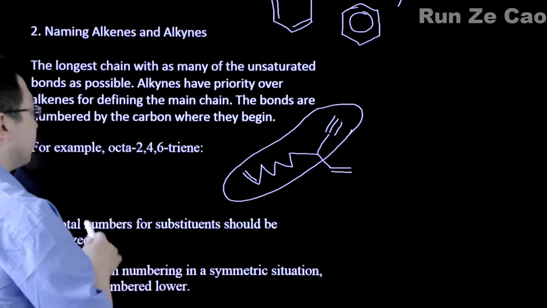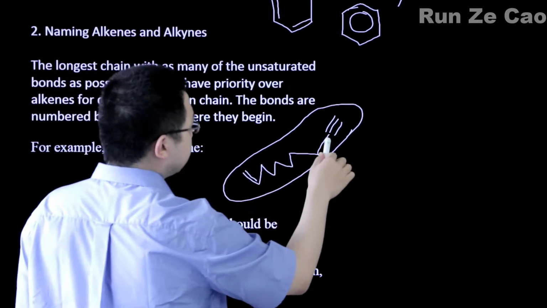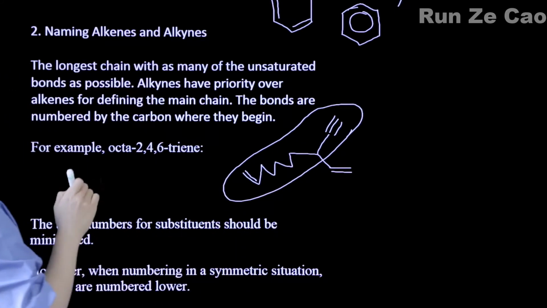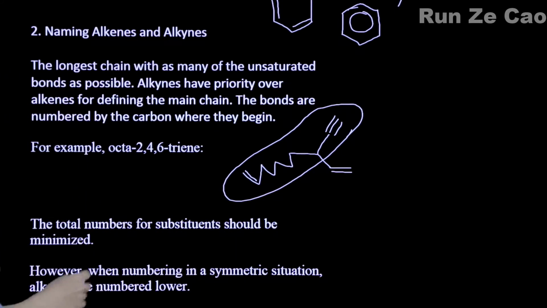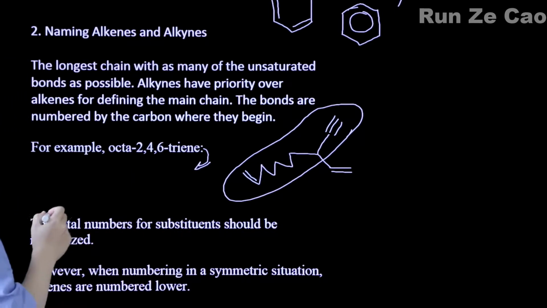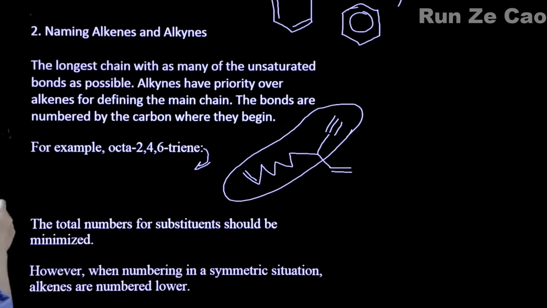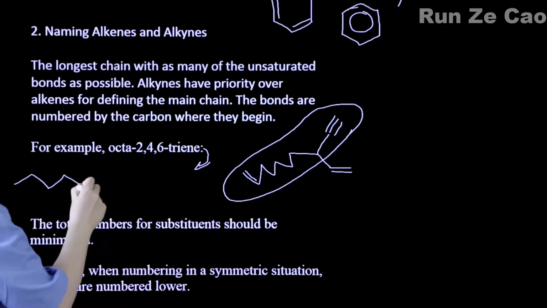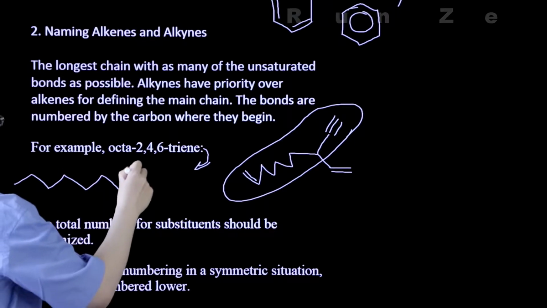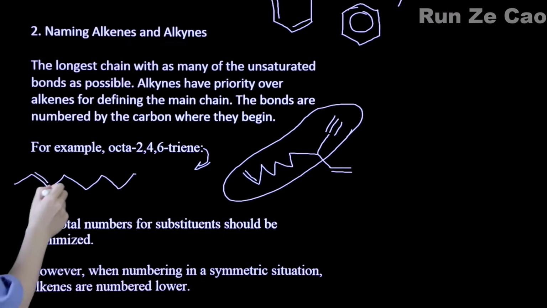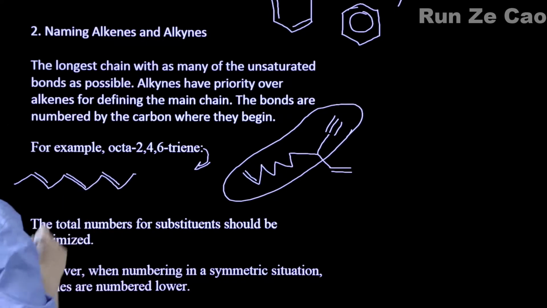So, the bonds are numbered by the carbon where they begin, which means that we would number this 1, would we? Well, no, not exactly. Octatriene would be, let's draw this example. So, octa-2,4,6-triene, well, we could draw that as 1, 2, 3, 4, 5, 6, 7, 8, and 2, 4, 6.